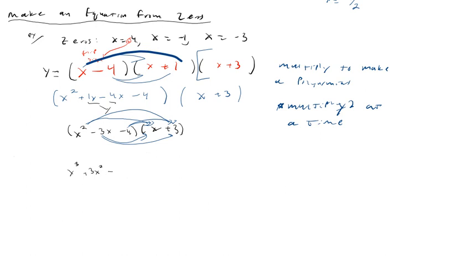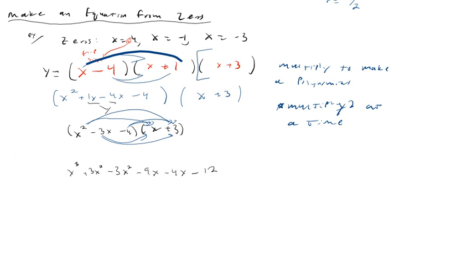Negative 4 times x is negative 4x. And negative 4 times 3 is negative 12. So those are all my pieces of multiplication, multiplying these pieces together.